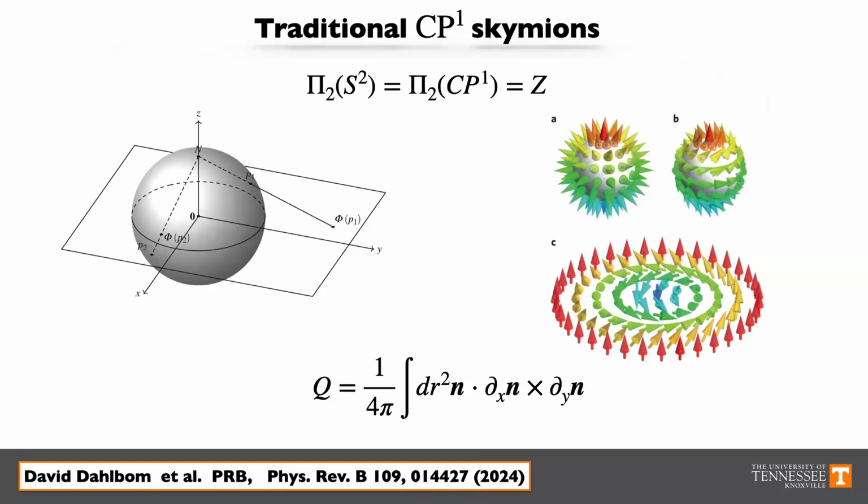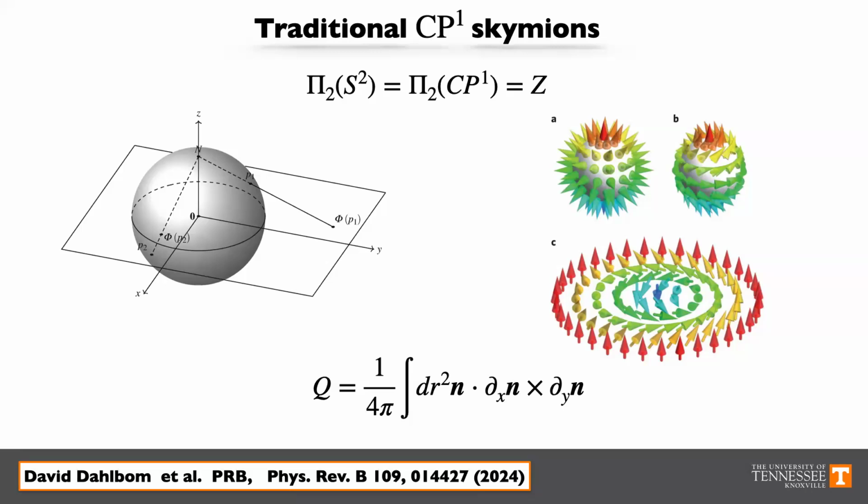And the way we think of them is, you have a film system, you can use a stereographic projection to map the plane into a sphere, assuming that we are going to consider solutions that are constant at infinity. And now, because we have one spin on every point on the plane, we have a mapping of the sphere into the spin. To each point of the sphere, we assign a classical moment that is a vector with a fixed magnitude.